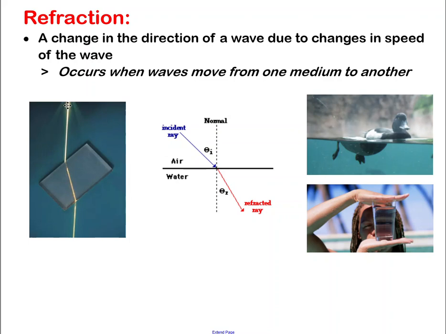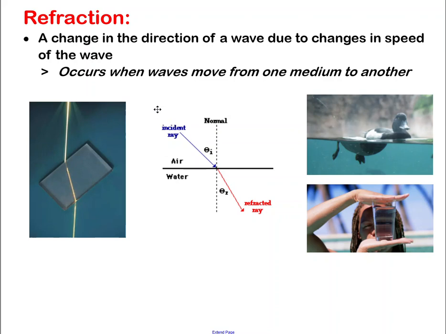So here is a light wave. This is a block of glass. It's traveling through the air. As it goes through the glass, it bends. And then when it comes out of the glass and returns to the air, it bends a second time and now travels straight. So this is refraction, this idea that it changes directions because it's changing speeds as it's going through these things.